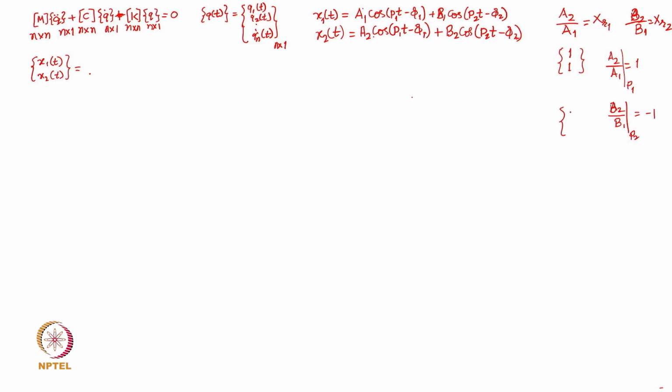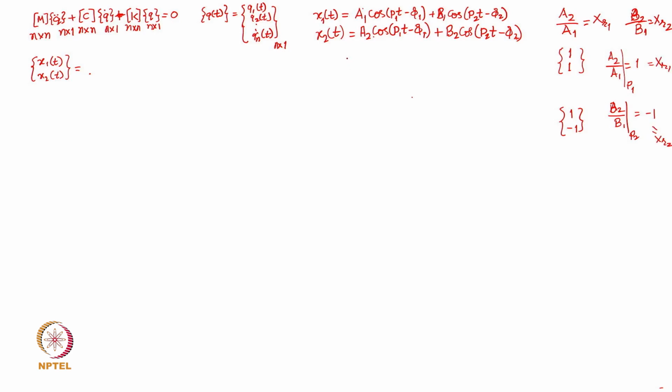So, this mode shape was 1, minus 1. Why? Because b2 was equal to minus of b1. So, if b1 is 1, then b2 is minus 1. That is how it happens. So, this 1 is nothing but your xr1, and this minus 1 is your xr2.